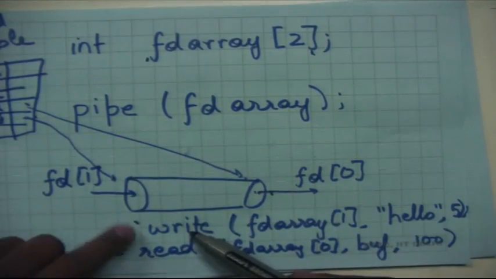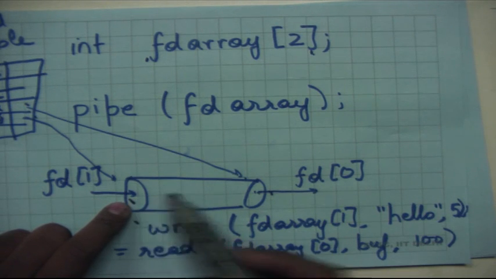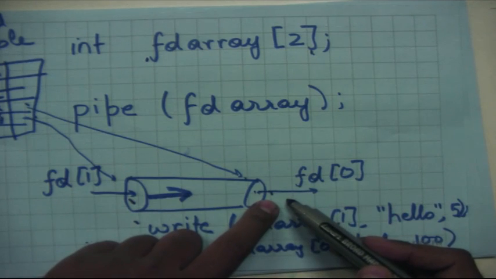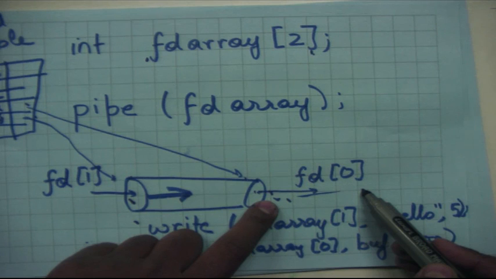So what has really happened is when you called write, it wrote 5 bytes on this file descriptor, which meant 5 bytes were stuffed into this pipe. And when you called read on this file descriptor, these 5 bytes were read off the output end of this pipe.